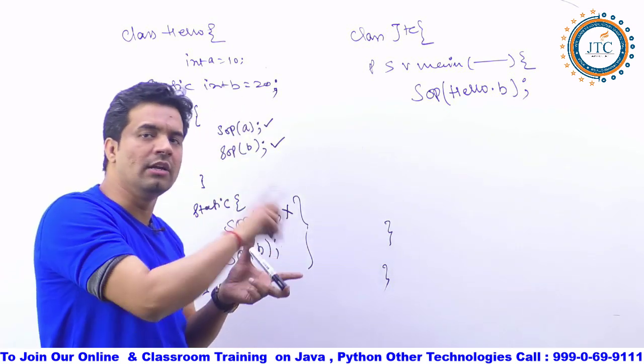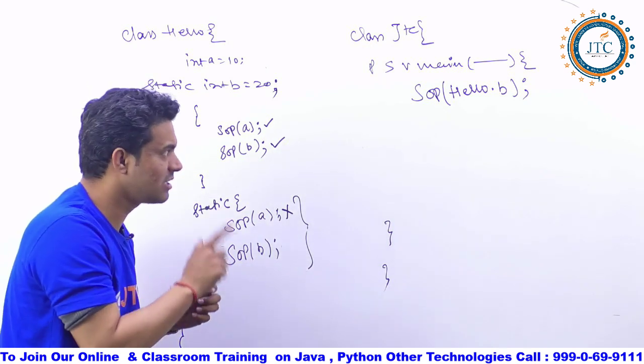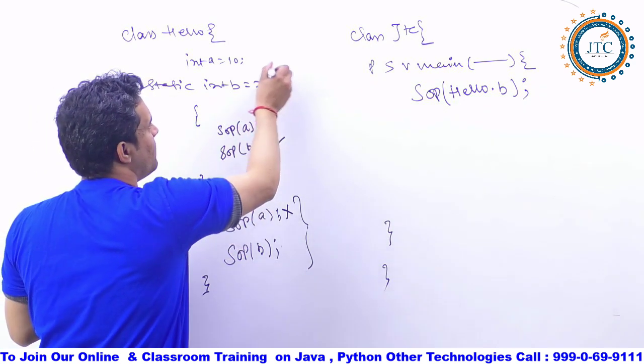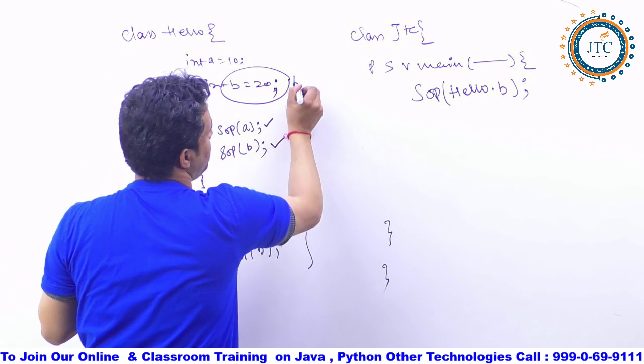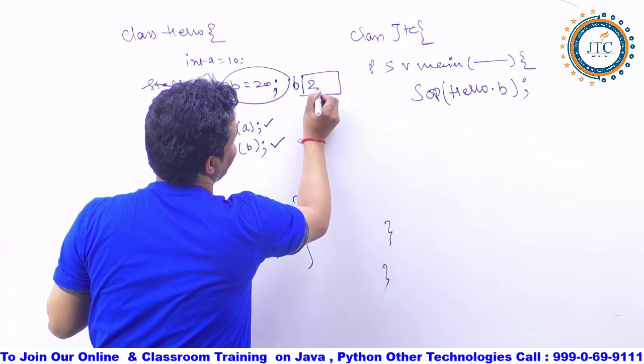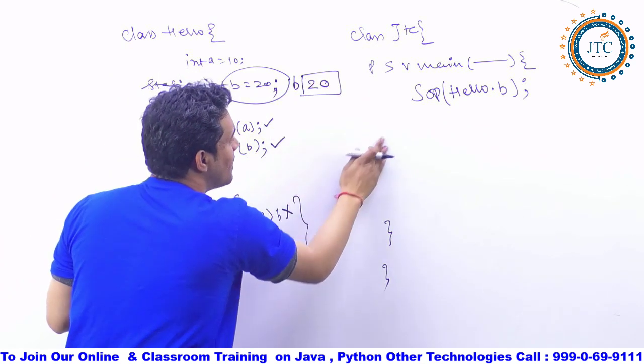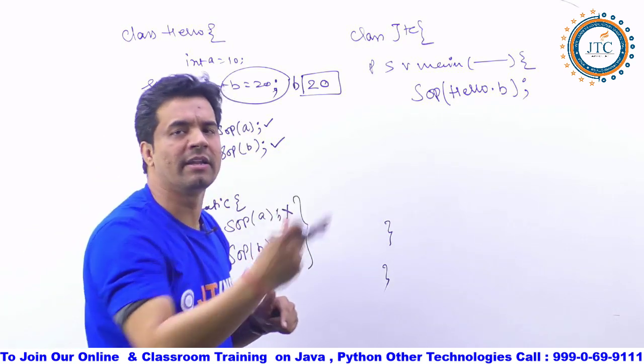But if it has not been loaded, then first it will allocate the memory for the static variable of the class. So see, for B, which is 20, memory is allocated.